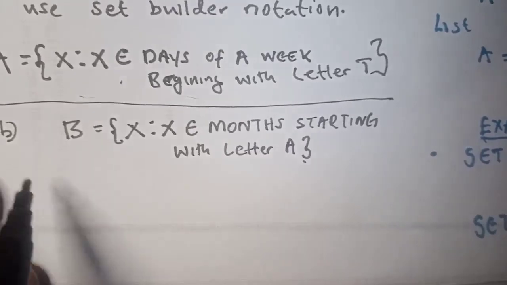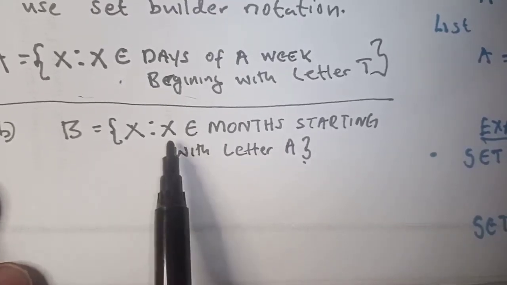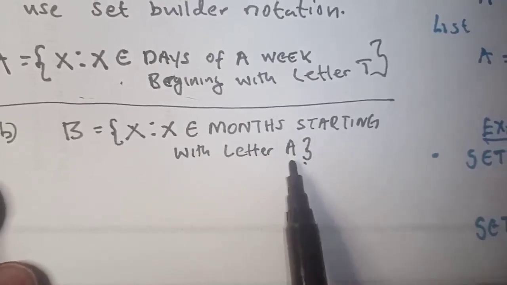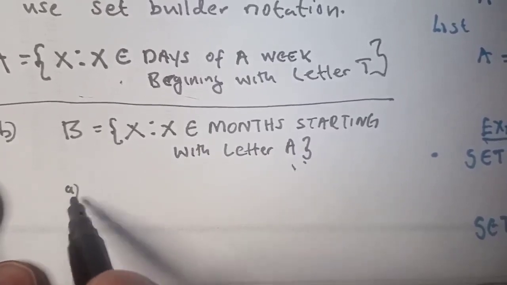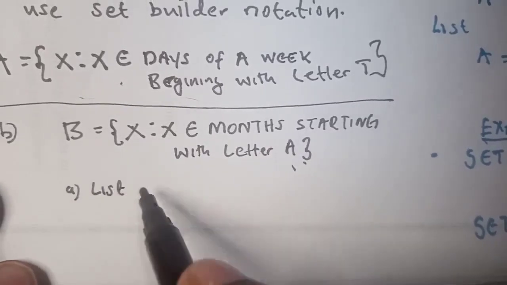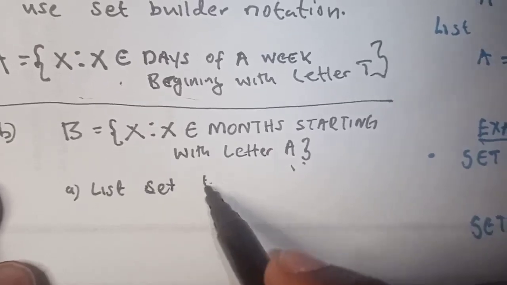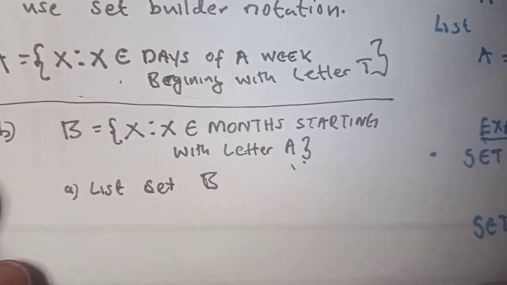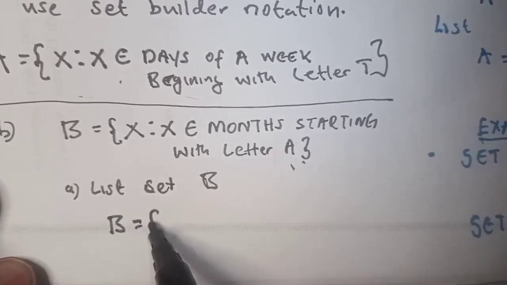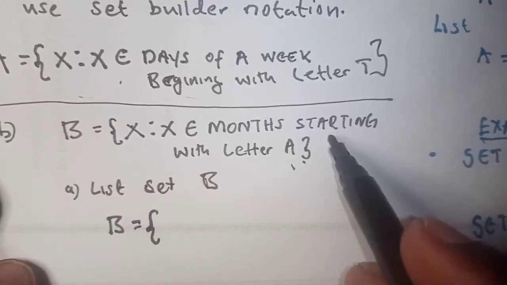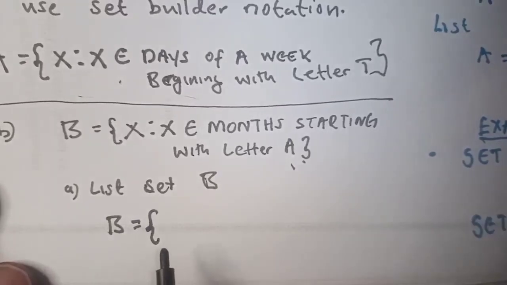Set B says x such that x is a member of months starting with letter A. Then the question says list set B. So the question has been given in set builder notation, and now we have to list it.